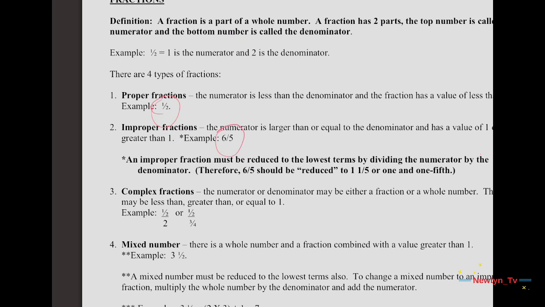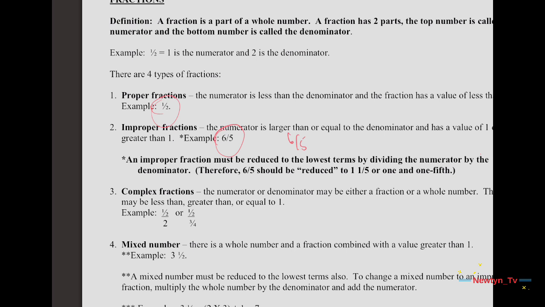An example is 6/5. Now, one thing about improper fraction is that whenever you get an improper fraction as an answer, you don't have to leave it as an improper fraction. If you leave it as 6/5, the person that is marking your paper can mark you wrong based on whatever the person thinks, right?